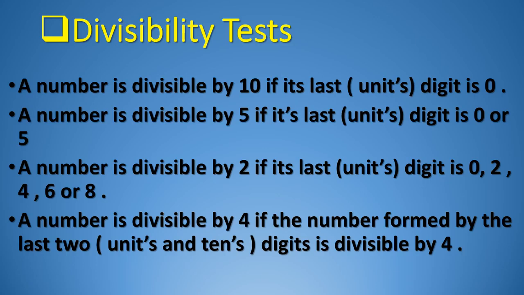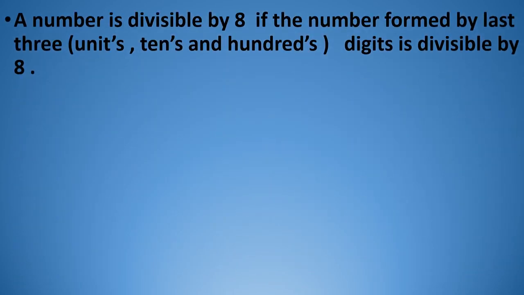After that, we have 8. A number is divisible by 8 if the number formed by the last three digits, that is unit place, tens place and hundreds place, is divisible by 8.